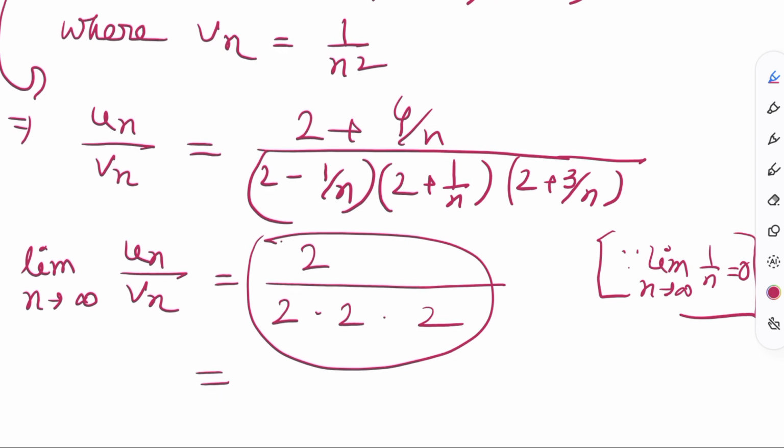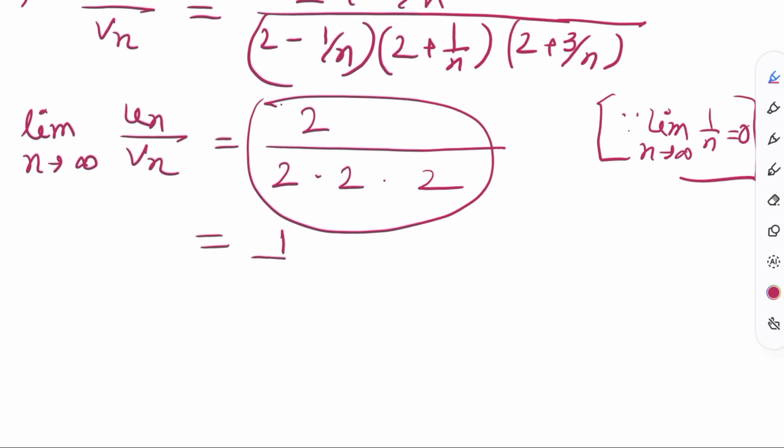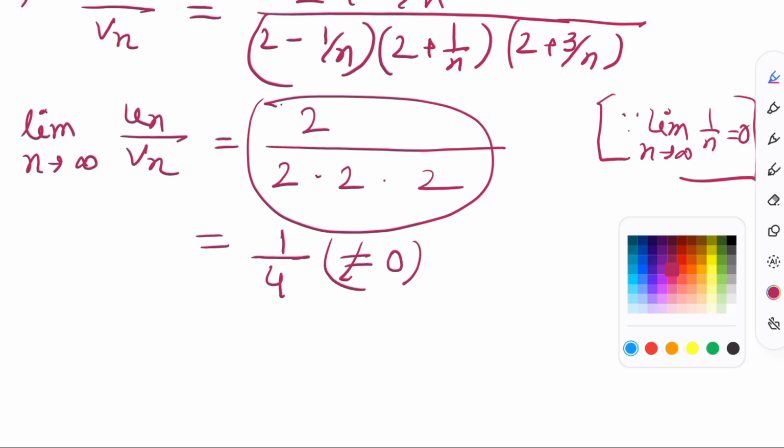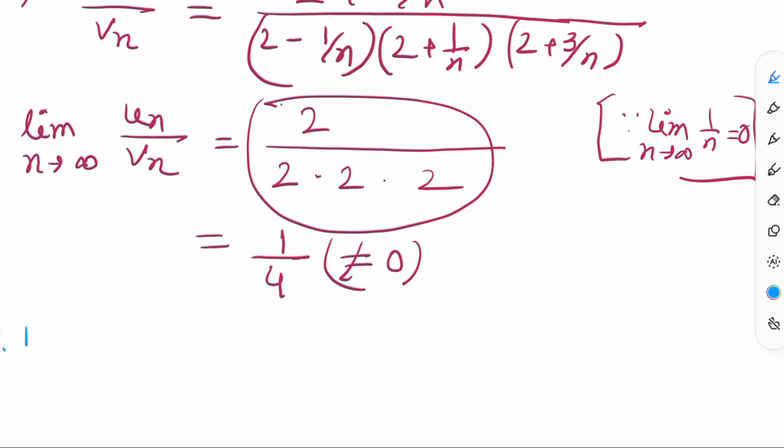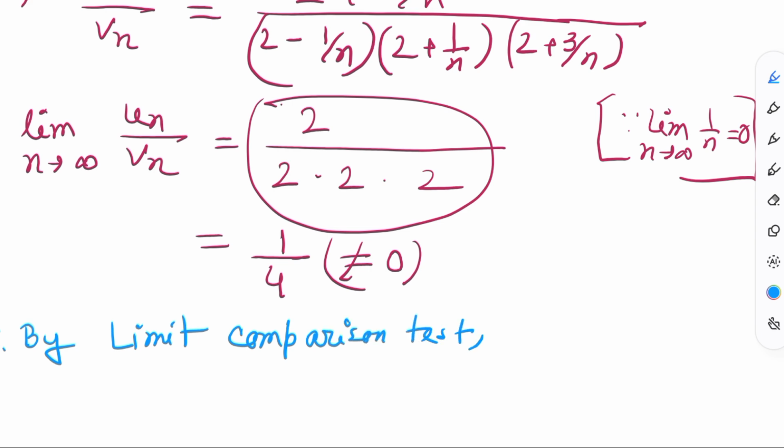And further calculation gives 1 by 4, which is finite and not equal to 0. Then by the limit comparison test, we can say summation un and summation vn converge or diverge together.